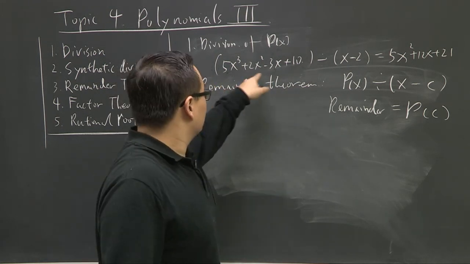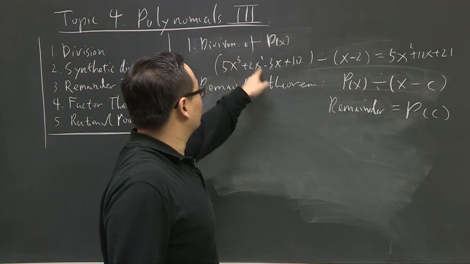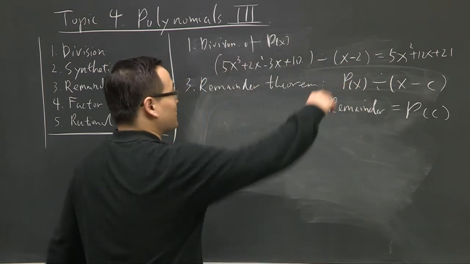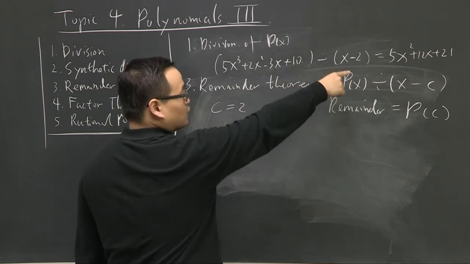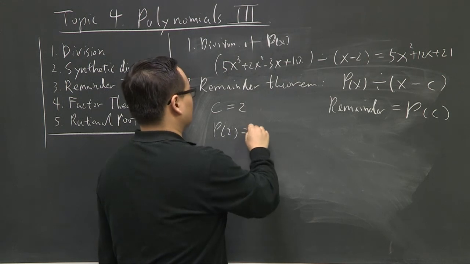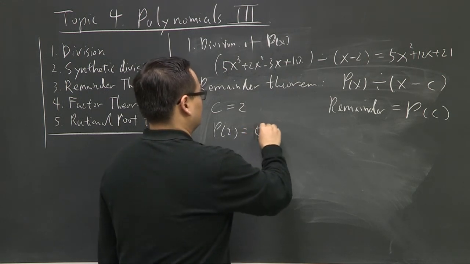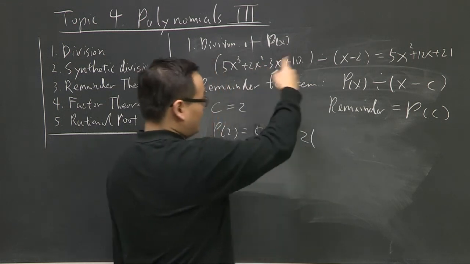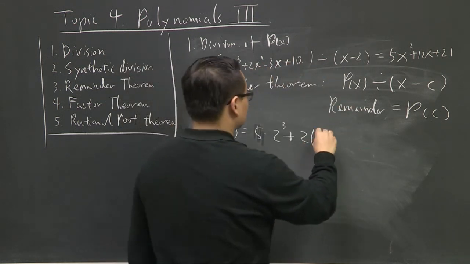Let's try this, right? This is my polynomial, 5x cubed plus 2x squared minus 3x plus 10, divided by x minus 2, right? What's my c? c in this case is 2, right? Let's pop it in. What's p of 2 in this case? It's 5 times 2 cubed plus 2 times 2 squared minus 3 times 2 plus 10, right? Instead of x, I just put 2 there.